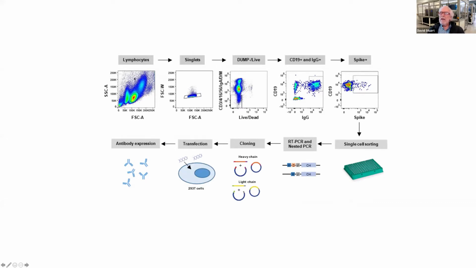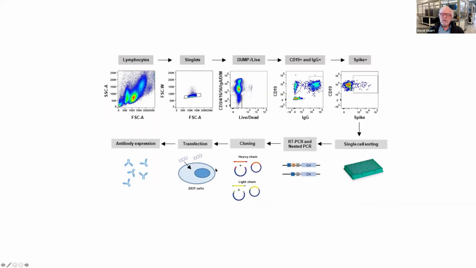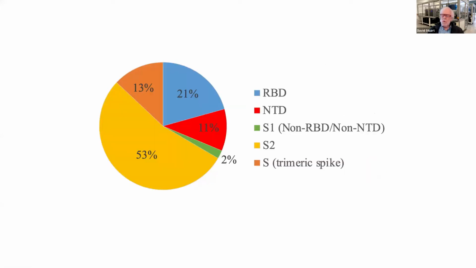Essentially, it's taking single cells, sorting out the single cells that are IgG producing cells, and making sure that those light up, binding to the spike protein, and then doing standard PCR cloning, transfection, and making the antibody. This has been done for all of these antibodies.